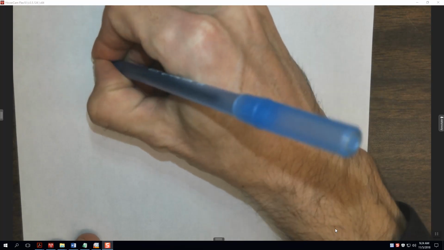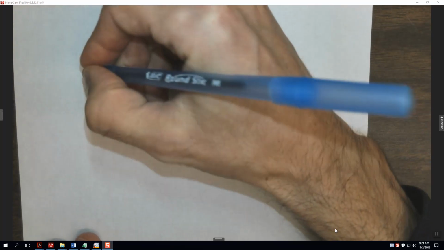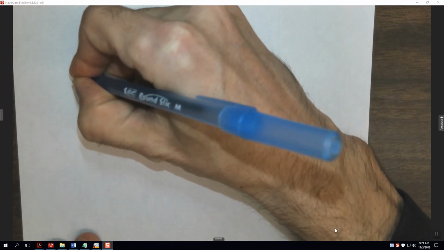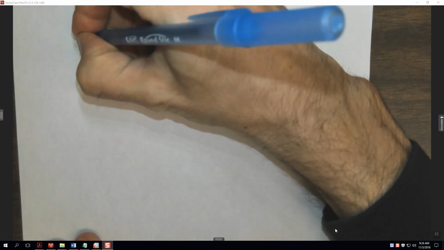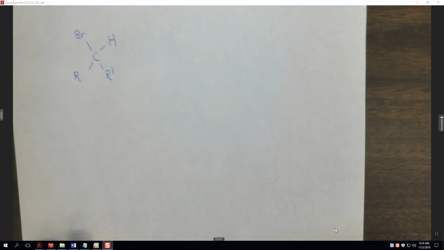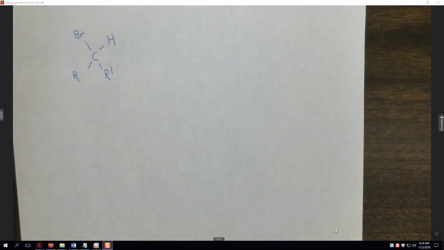So before I go over how to draw this in the software, I'd like to start by drawing this on a piece of paper. So in this case, I have a carbon bonded to an R prime, a bromine, and a hydrogen. And I'm going to ignore the stereochemistry here for simplicity.